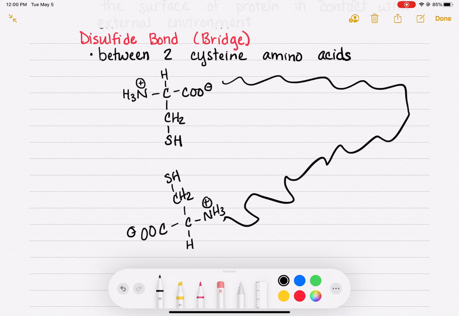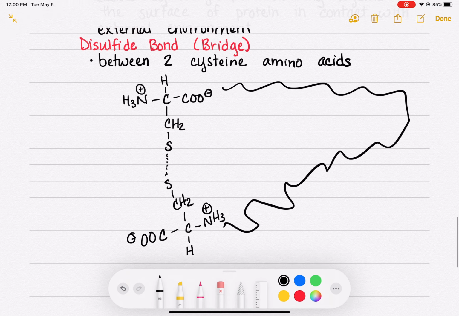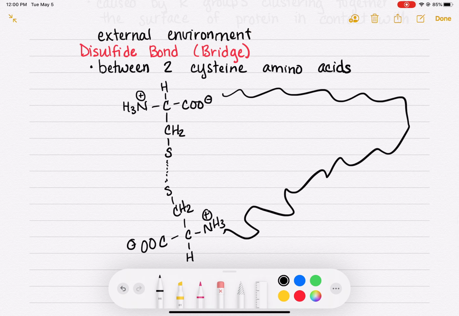And if these two cysteines end up coming near each other, in contact with each other, they can interact in this way and form a connection between the two of them, which we call a disulfide bond or a disulfide bridge, because it's this connection between two sulfur atoms. So that's a very specific, particular connection.